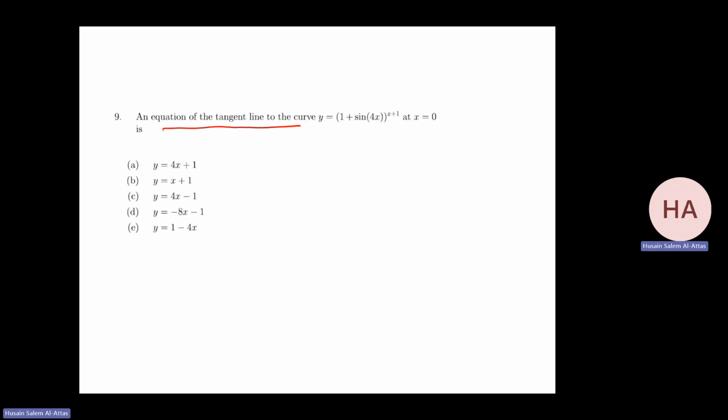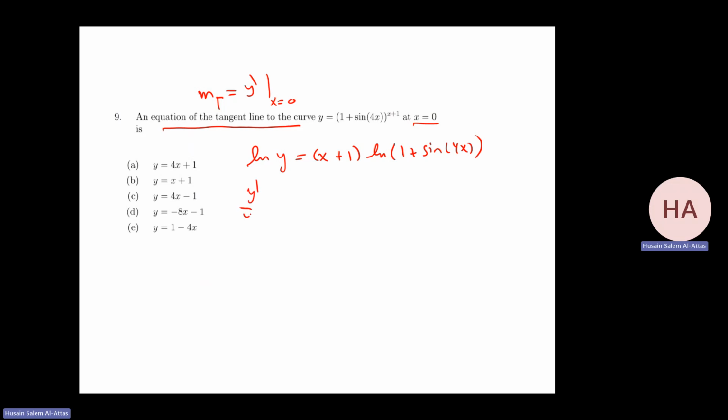You want the equation of the tangent line. So you take ln. I need the slope, which is y prime at x equals 0. So I have ln y equals (x plus 1) ln(1 plus sine 4x). Differentiate with respect to x.